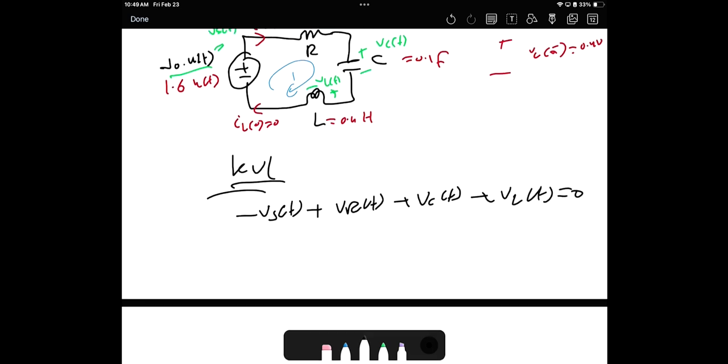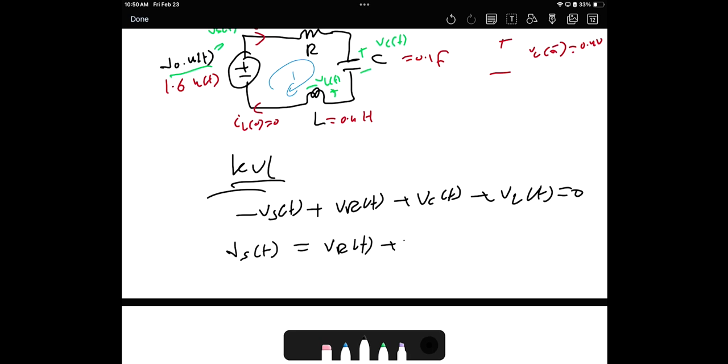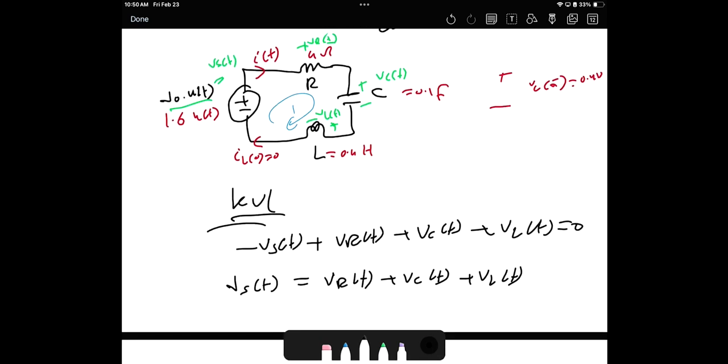Let's put them on the other side and make VS of t by itself. So VS of t equals VR of t plus VC of t plus VL of t. Now let's substitute. For VS of t we have this equation. VR of t, Ohm's law. VC is 1 over C, the integral of the current, while VL equals L di by dt, which means we will form the differential equation.